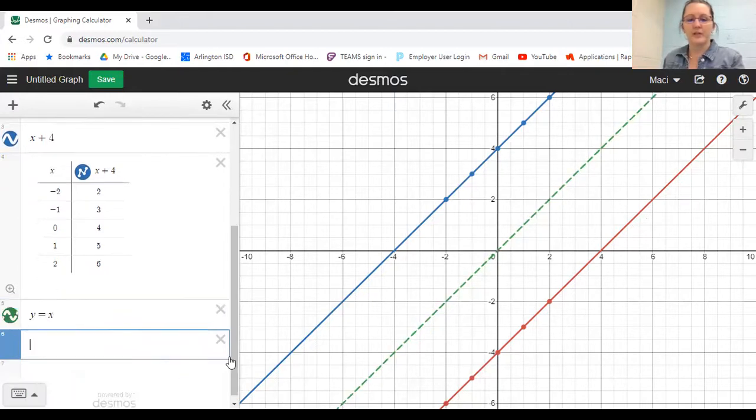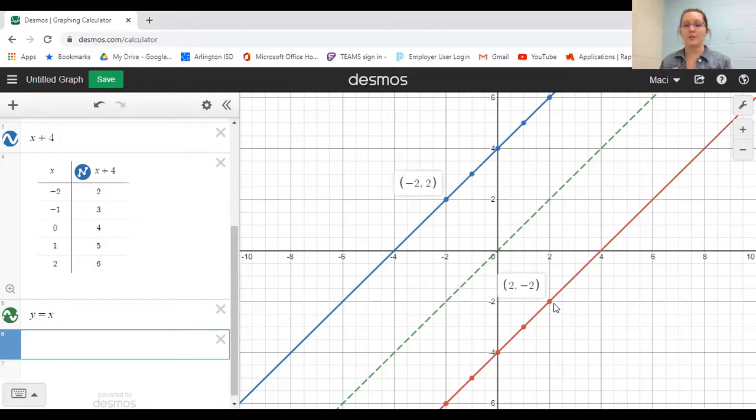You can see that the functions are a reflection over that line. If this is 0, 4, and this is -4, that's a reflection over this line. If this is -2, 2, I have a 2, -2. So think about what I said a second ago: inverse functions are the reflection over the line, and the domain of one function is the range of the other function.